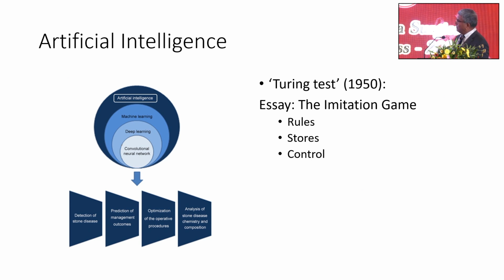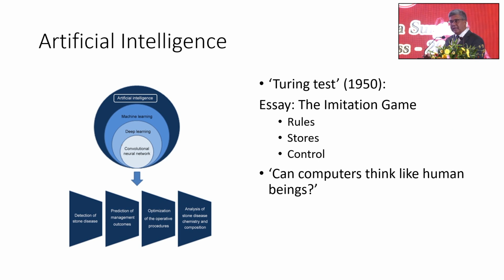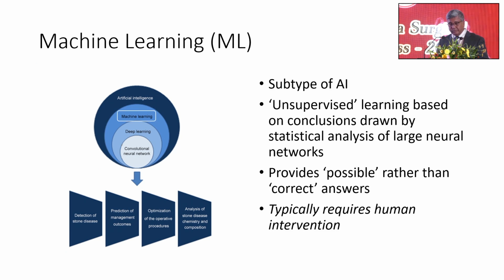It's based on what Alan Turing did in the 50s, and he was a British scientist, and he basically asked the question, can computers think like human beings? And he did a number of studies in which he inputted data into certain algorithms and then asked the question, and finally the answer was yes, they can, but we have to give them the tools to do so.